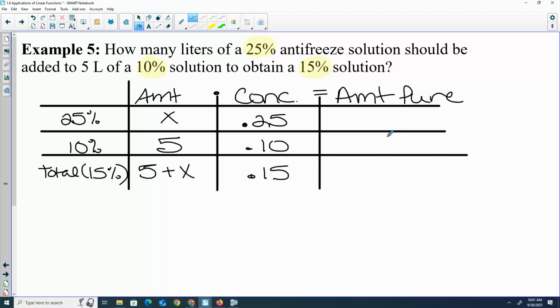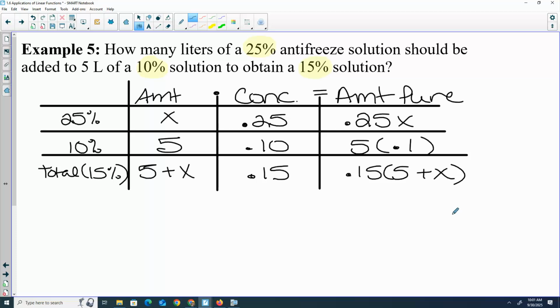And our formula, amount times concentration, so we just multiply 0.25 times X, 5 times 0.1, 0.15 times 5 plus X. You're welcome to go ahead and multiply those. For the sake of the notes, I'm leaving it in this form so you can see where my numbers are coming from.